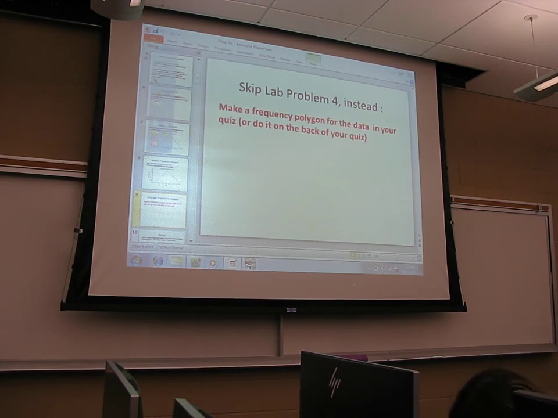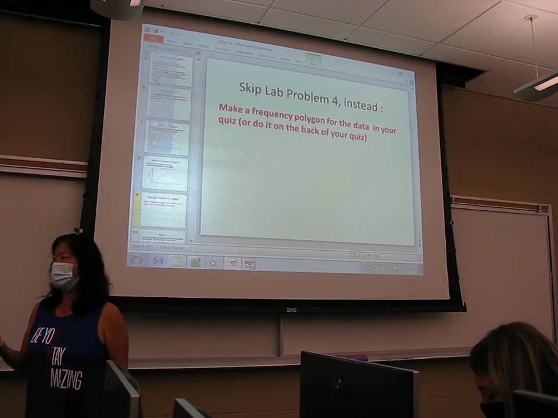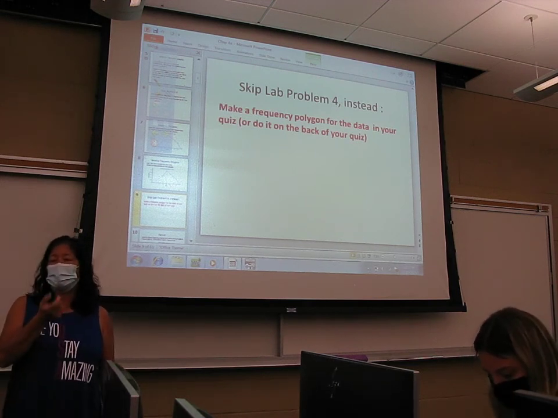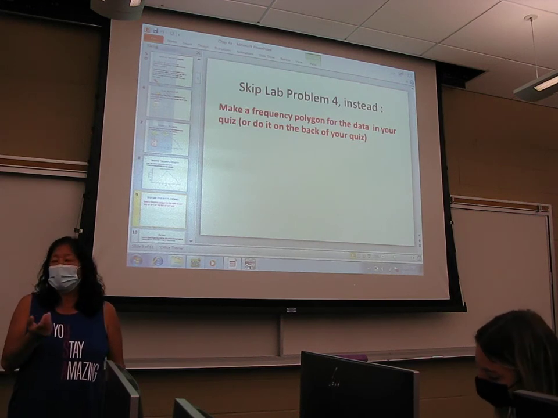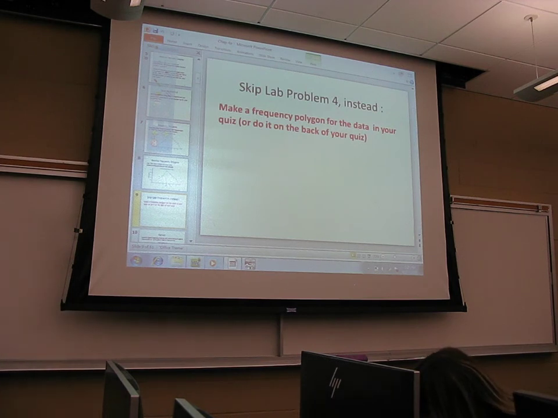How do you find the midpoints? You take your class limits, 15 to 19, and you average them. If I average 15 and 19, how'd you do it? You add them up and divide by 2, because there's 2 of them.